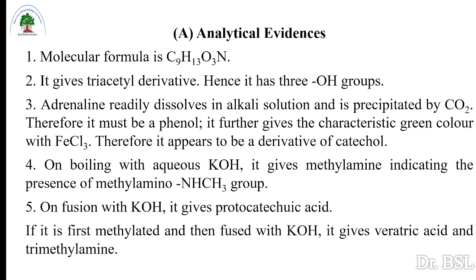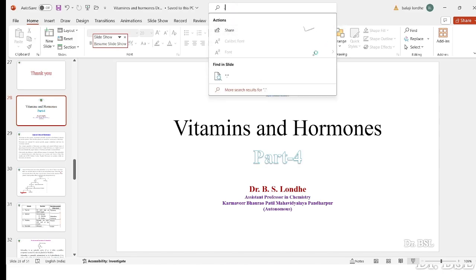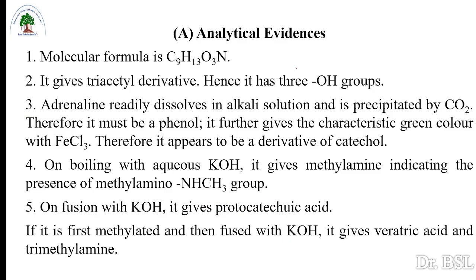So, the structure of adrenaline is, first of all, let us see analytical evidences for the structure of adrenaline, and then we will see synthetic evidences. So in analytical evidences, the first point is the molecular formula is found to be C9H13O3N.